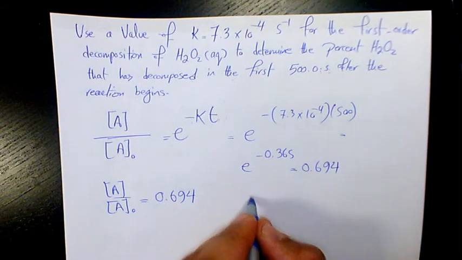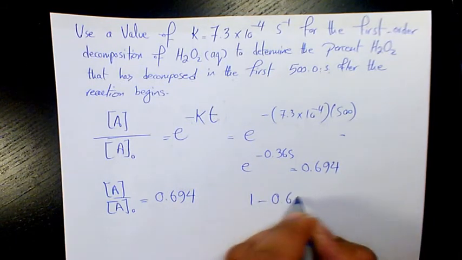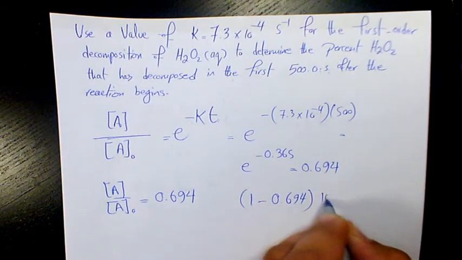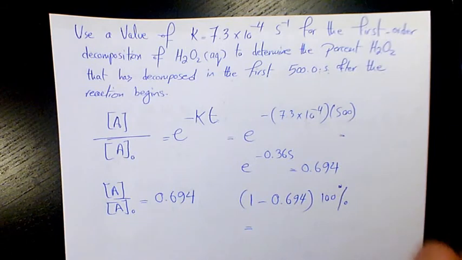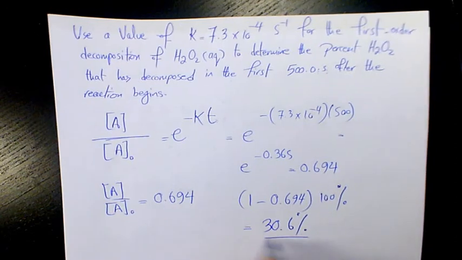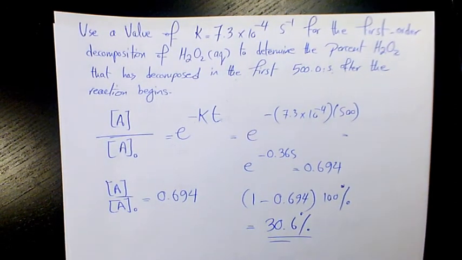It means that 1 minus 0.694 times 100% is consumed. 1 minus 0.694 times 100 is going to be 30.6% of the original hydrogen peroxide solution has already been consumed, and that's going to be the final answer.